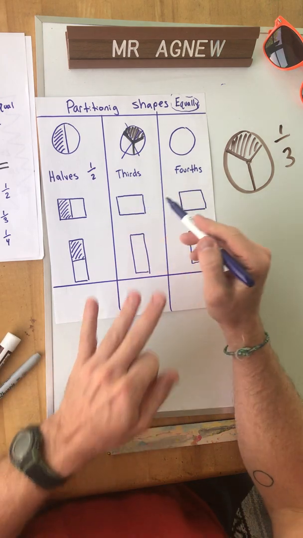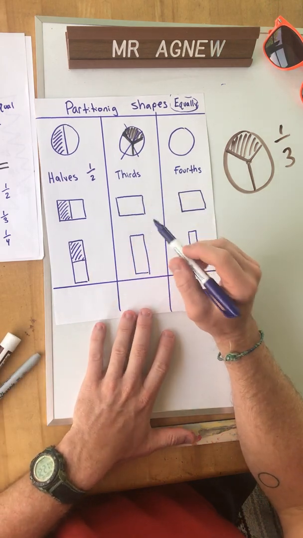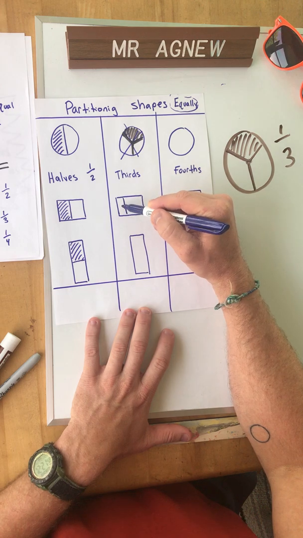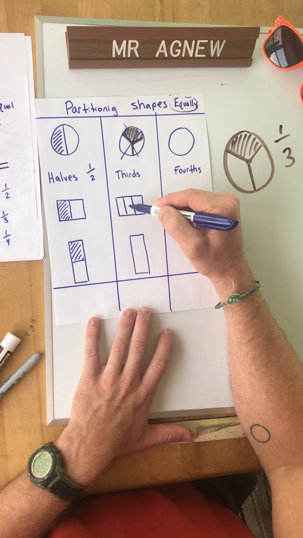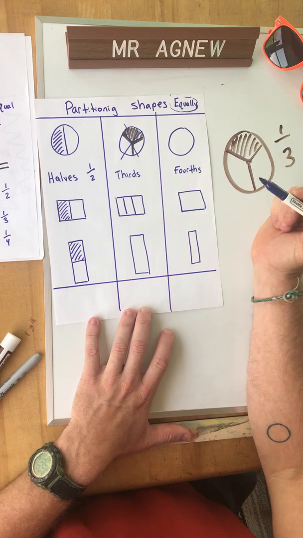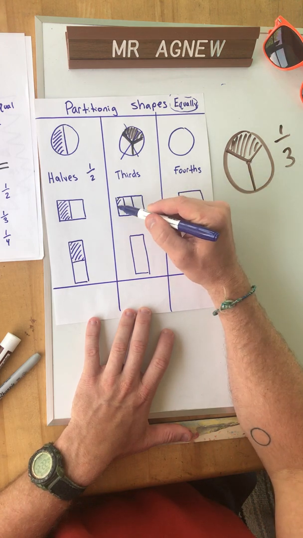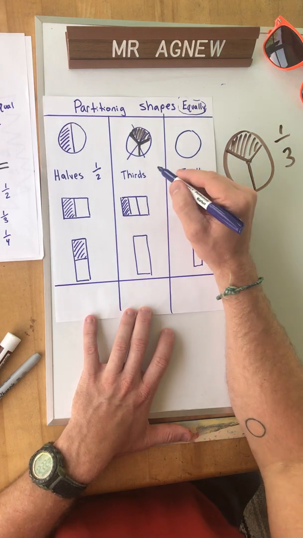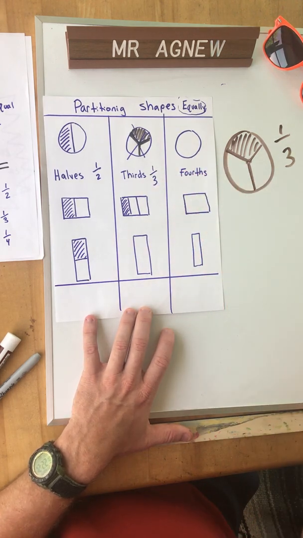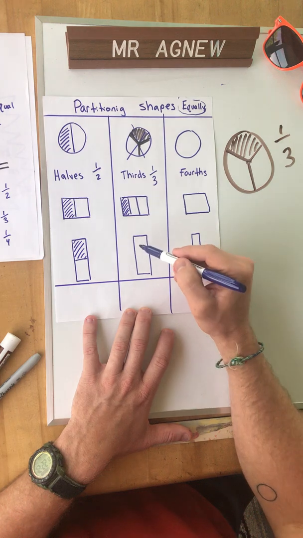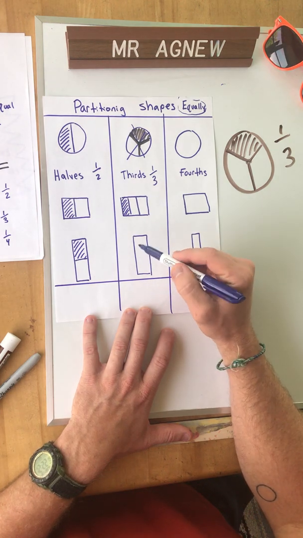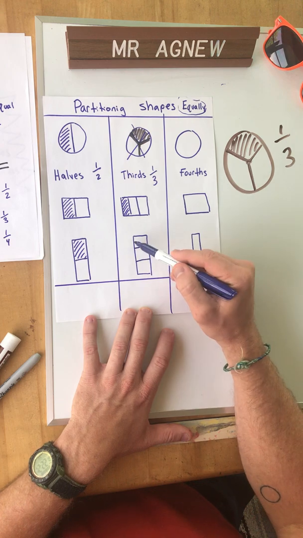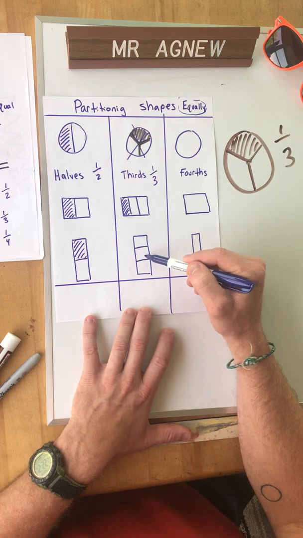Next one, thirds. So we need to make 3 equal parts. 1, 2, 3. I'm going to shade in one part. 1/3. So this is third. This one right here. 1, 2, 3.